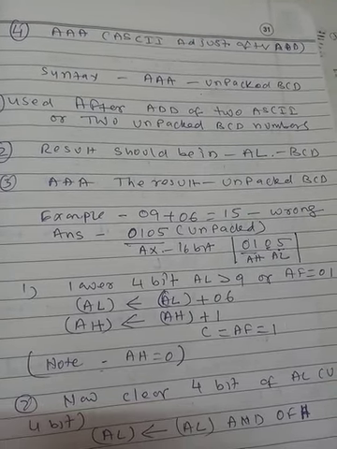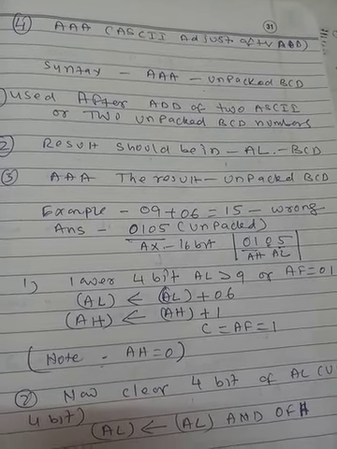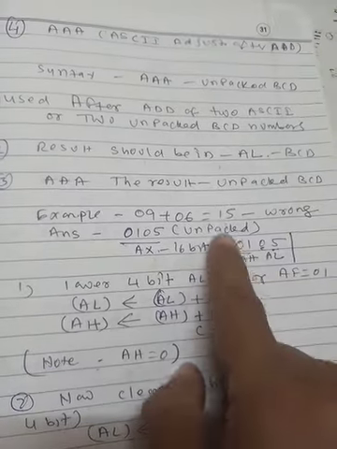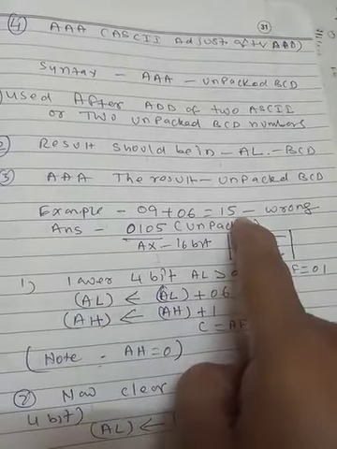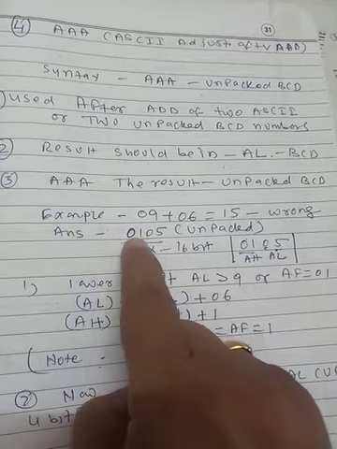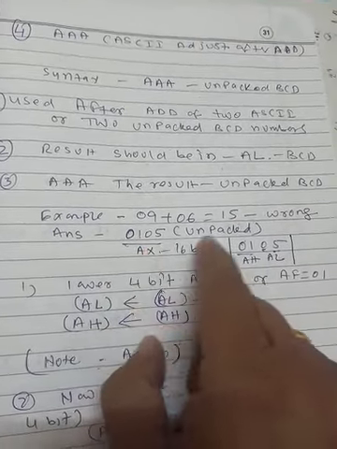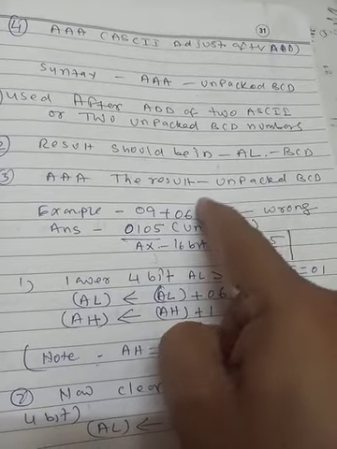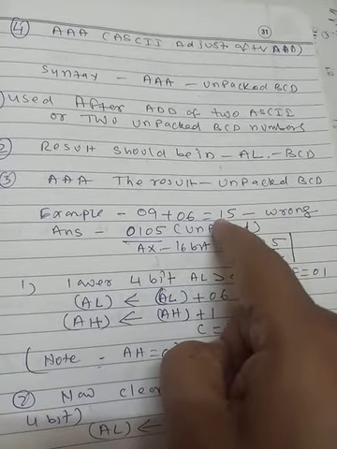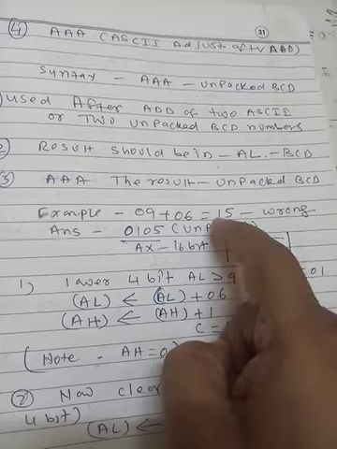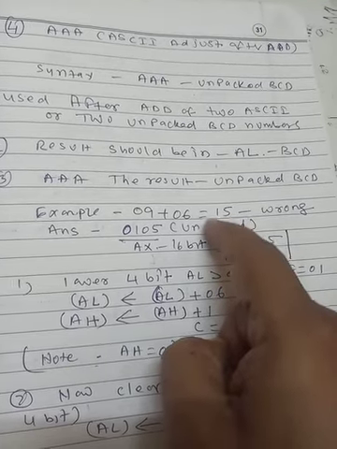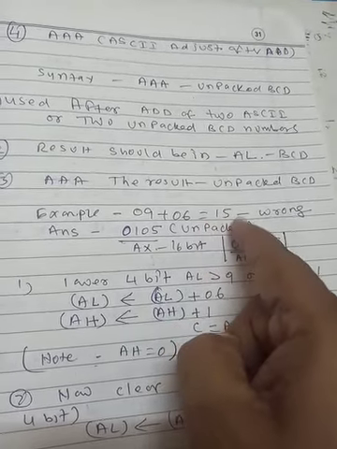Take the example of 15. Here 5 is less than 9, 1 is also less than 9, 15. This is the example of a packed BCD.